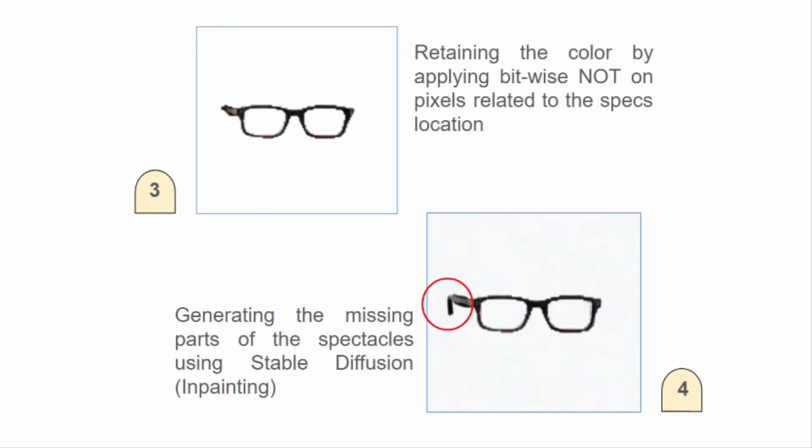After getting the output in binary form, in order to retain the color of the spectacles from the original image, I applied a bitwise NOT operation on the pixels related to the specs location.